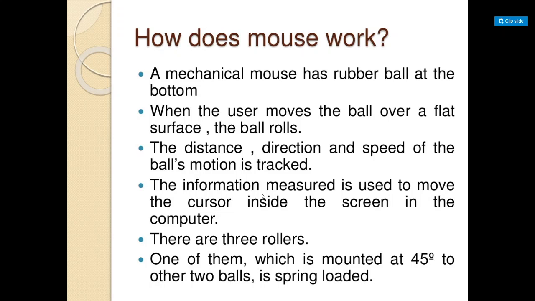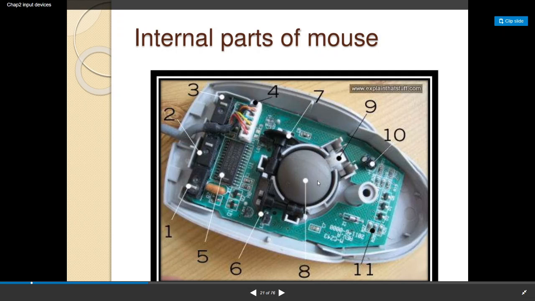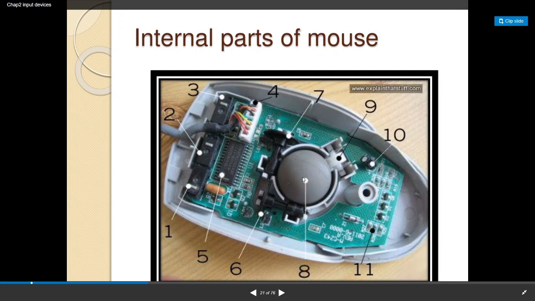There are actually three rollers in this mechanical mouse. One of them, which is mounted at 45 degrees to the others, is spring loaded. This is the mouse ball. There is an outer case, and usually this part is covered, and the mouse is kept on a desk upside down, so that the ball is touching the table.